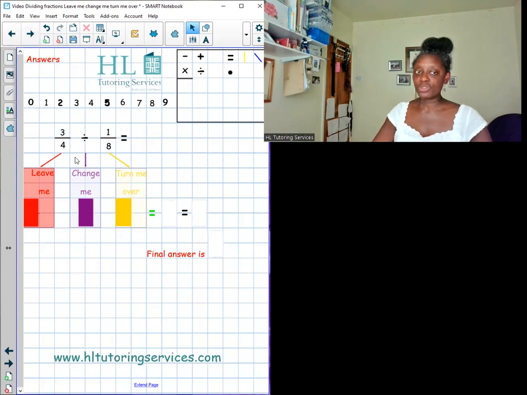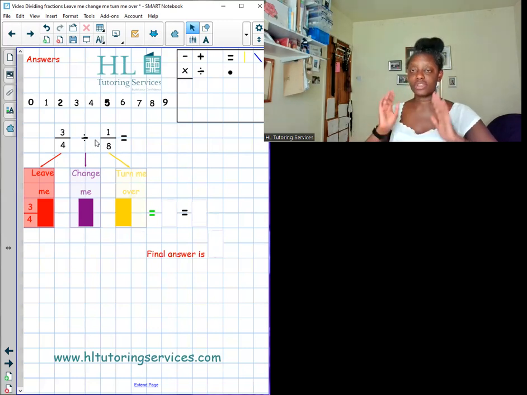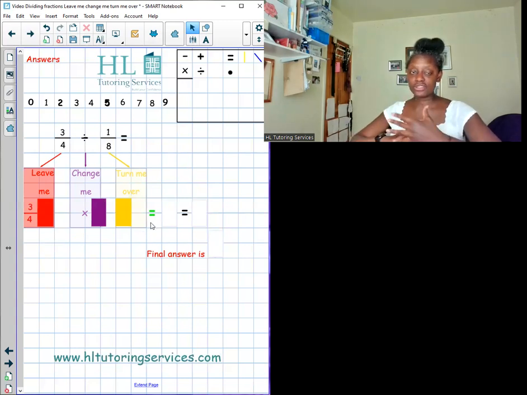So 3/4 is going to stay the same. So leave me, that's still going to be 3/4. Divide, the operation, we're going to do the inverse. So the inverse of divide is multiply. So that's going to be changed. And then we've got 1/8. So we're going to turn that over.